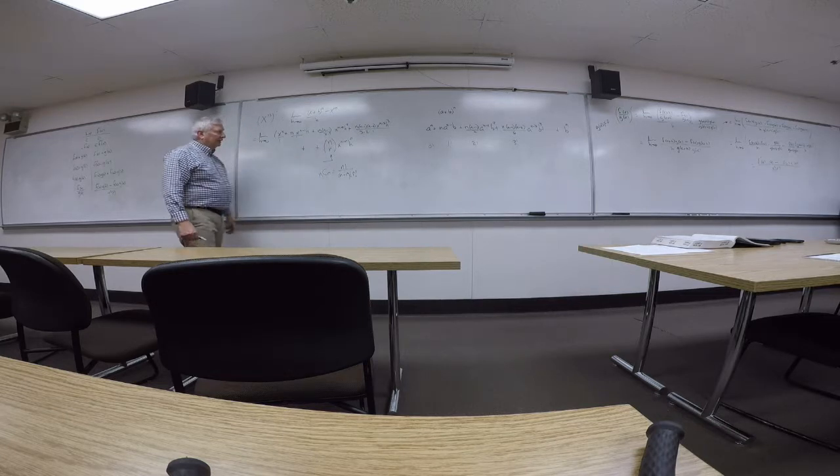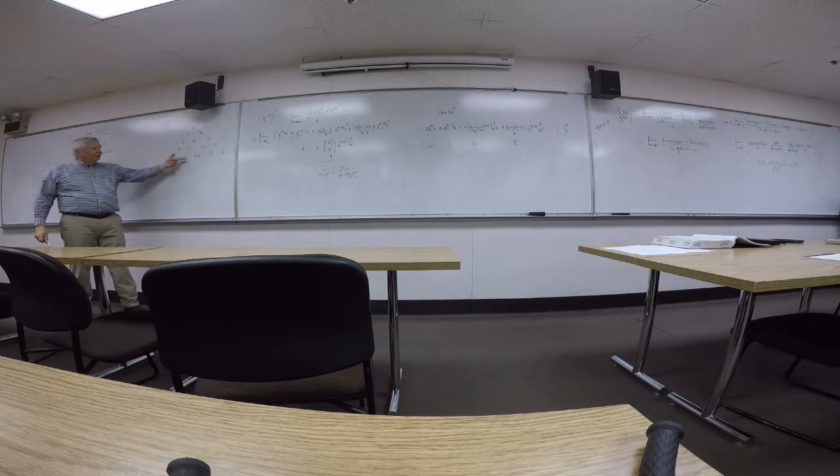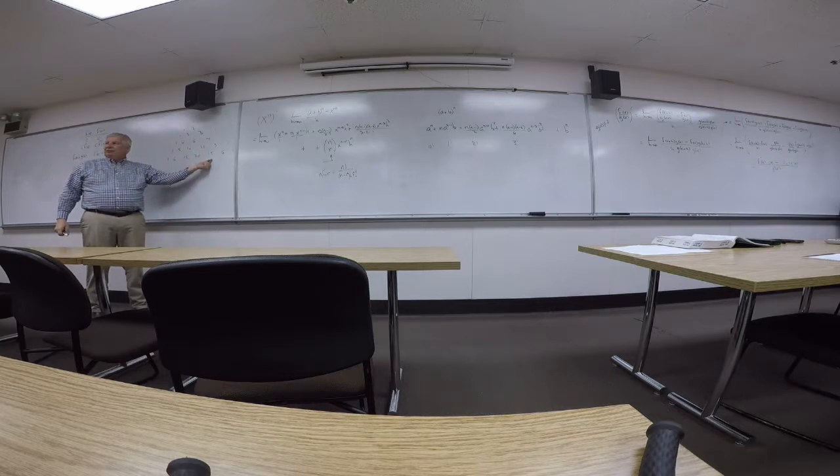And if n is not too large, each term below is equal to the sum of two terms above. 10 plus 10 is 20. 10 plus 5 is 15.